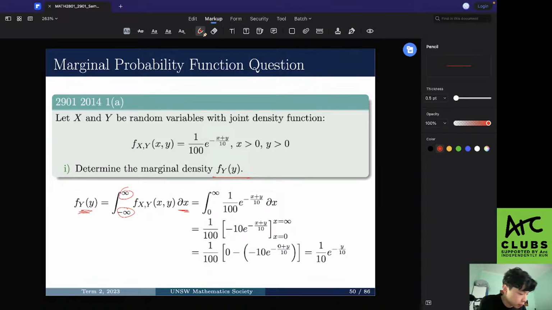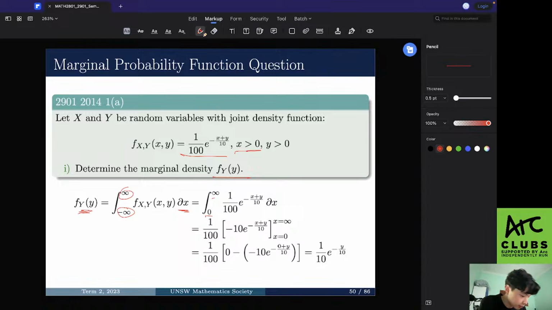And of course, we know that it's defined for us that x is greater than 0, which means that our region to integrate over is 0 to infinity. And we just integrate our joint density function. We get 1 on 100 times e to the minus (x plus y) over 10.